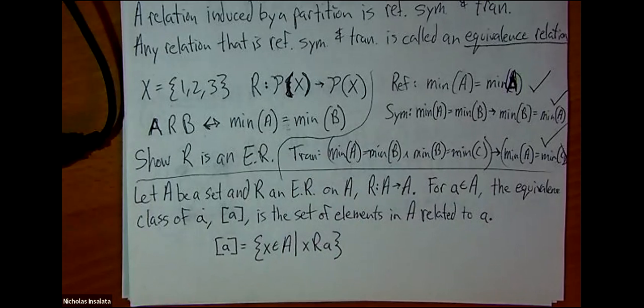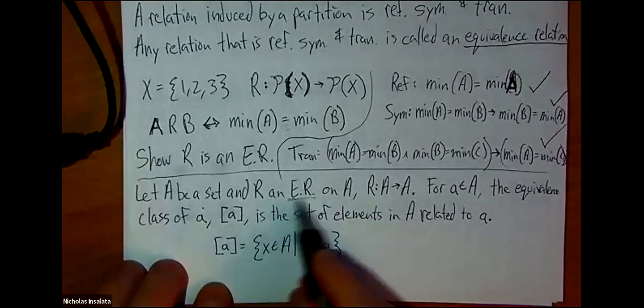Okay, so to summarize, the equivalence class of something in the set is all the stuff that relates to it. This could be any equivalence relation. So it's all the stuff that's equivalent, because remember, we're working with an equivalence relation here.